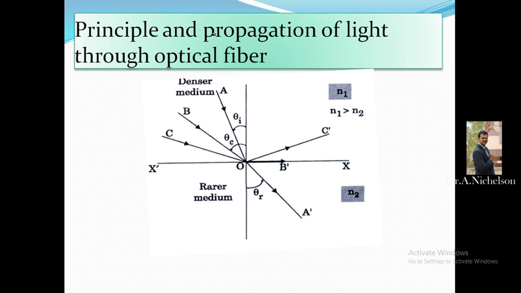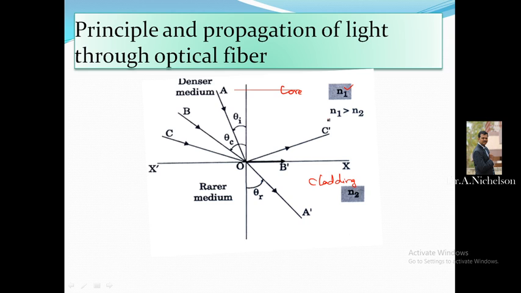As I said, for the core the refractive index is n1. Similarly cladding. For the cladding it is n2, right? So you can say this has a higher value, so it is a denser medium, and this is a rarer medium. Always the value of n1 should be greater than n2.